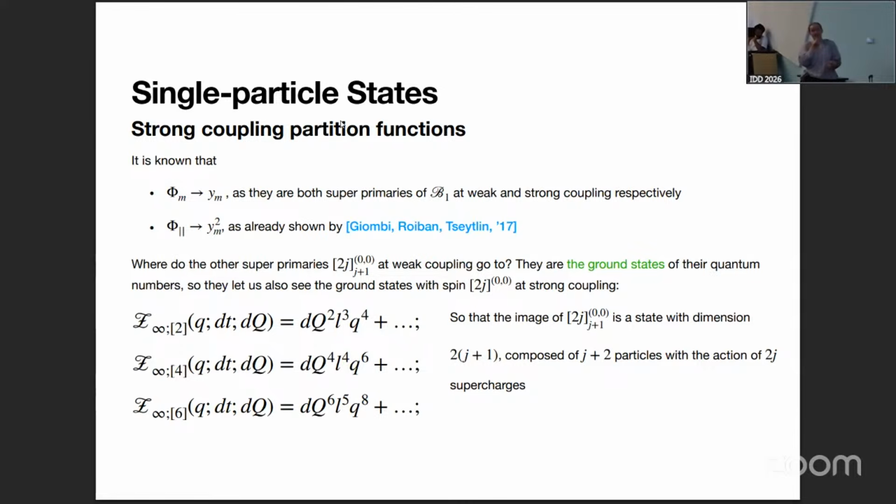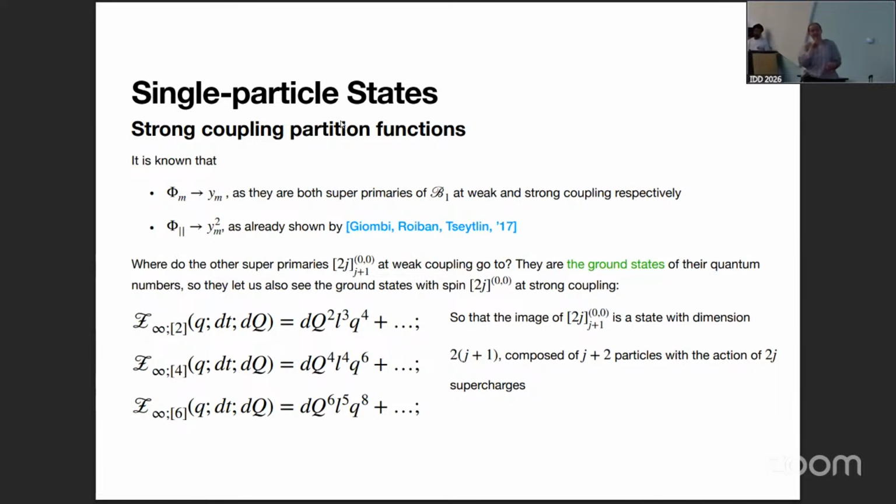And then we consider the partition function at strong coupling with spin j. We don't specify the dimension of it, but we see what the lowest dimension is and which content it has. So here for spin one, it's just the raw partition function which we write down.